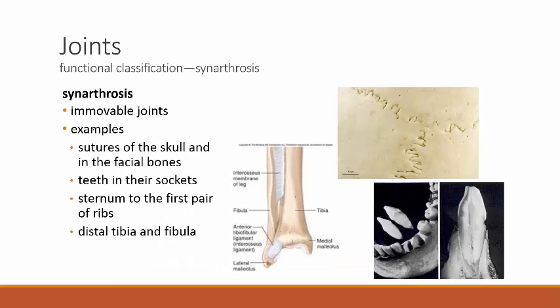So we're going to first look at the functional classifications in this lecture. And we'll start by looking at the synarthroses. A synarthrosis, again, is an immovable joint, and there are a number of examples of them throughout the body.